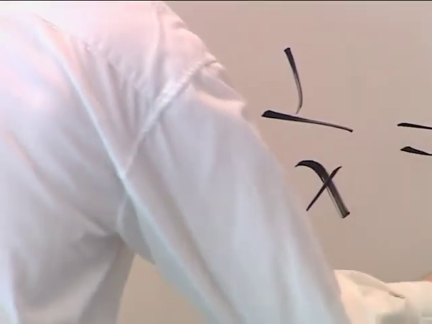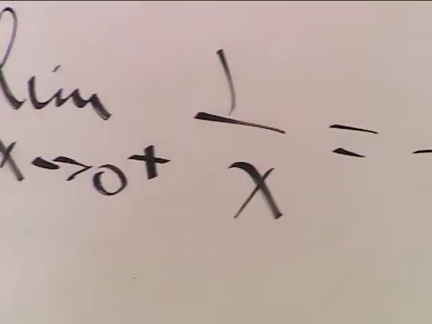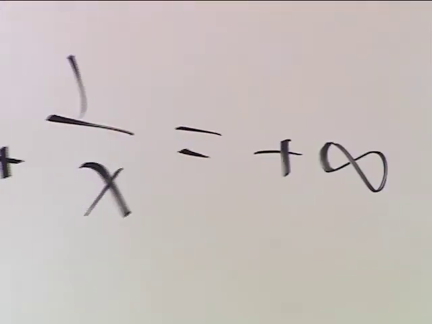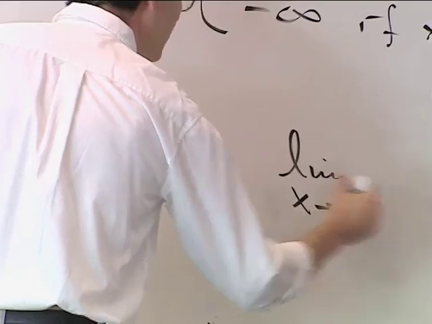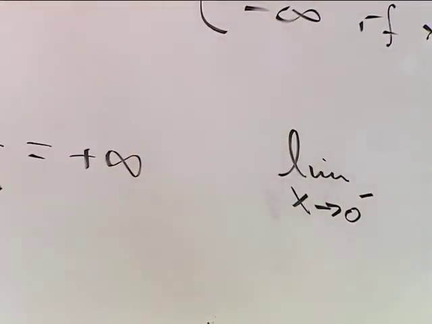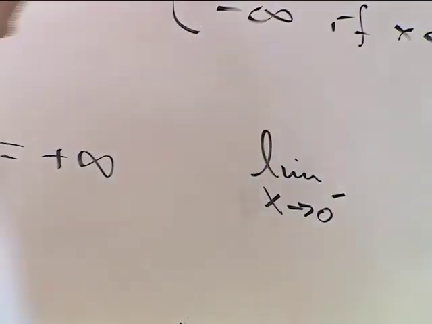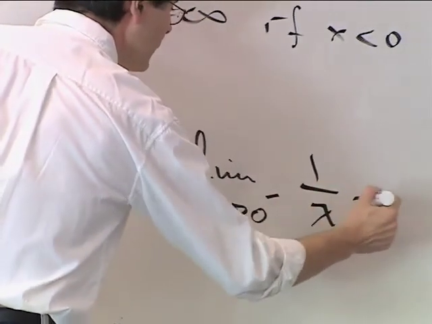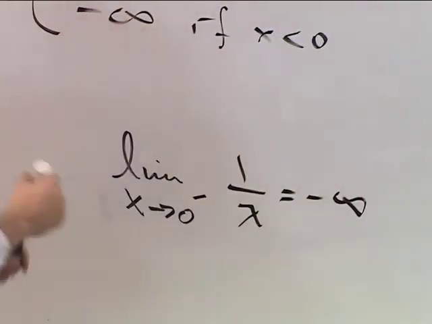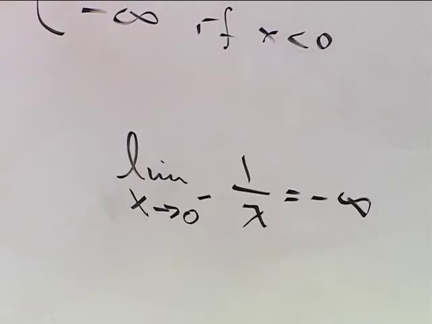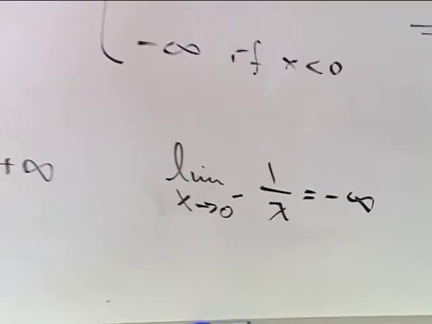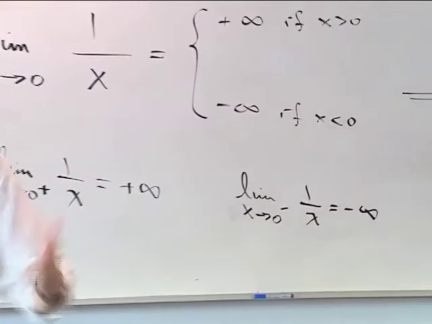And that guy is plus infinity. And the limit when x goes to 0, but from the left side, there's a negative sign there. This is negative infinity. Okay? So it depends if you're on one side or the other.